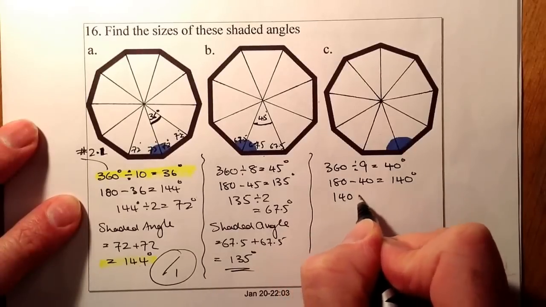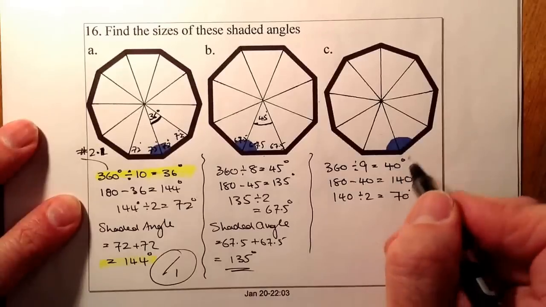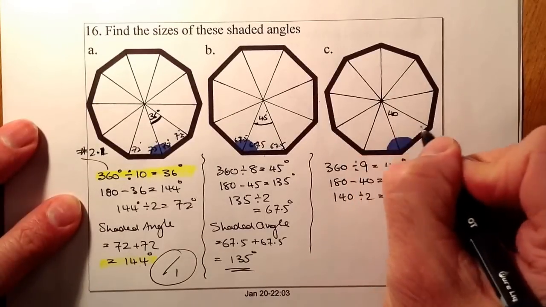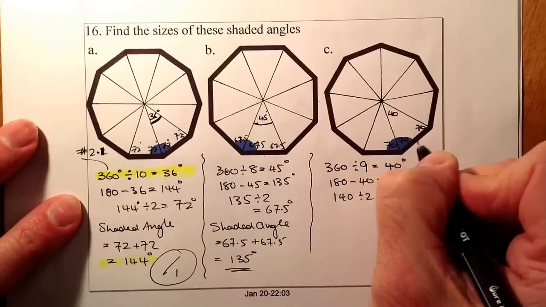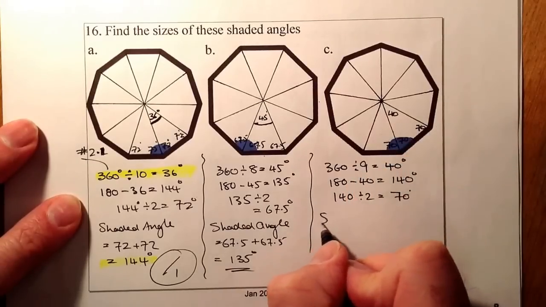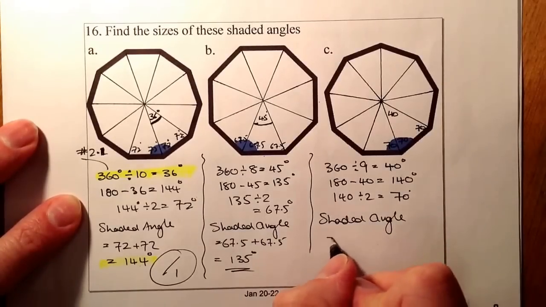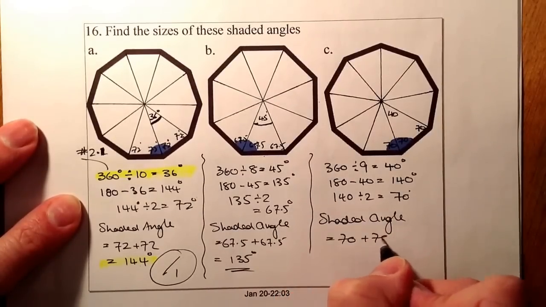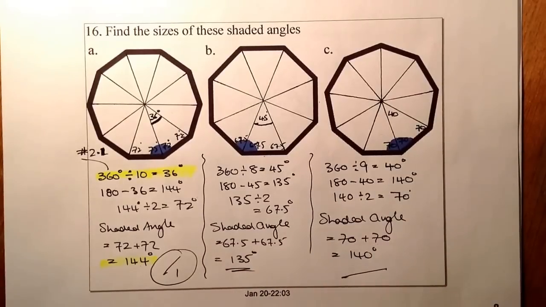So 140 divided by 2 gives me 70 degrees. So in here I've got 40 degrees, in here I've got 70, in here I've got 70, 70 in there. So the shaded angle is equal to 2 70s, which gives me 140 degrees.